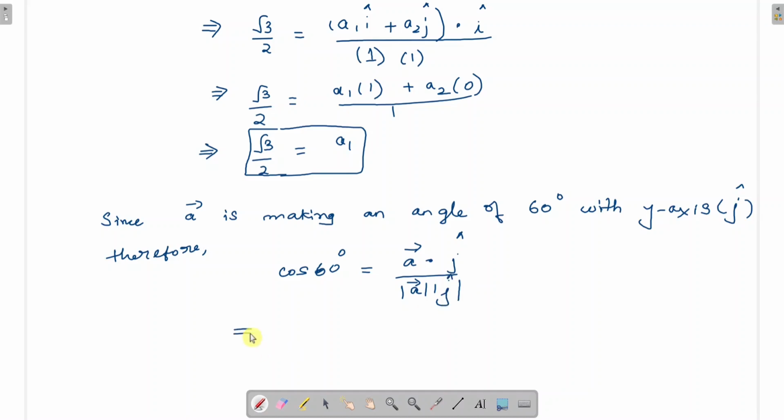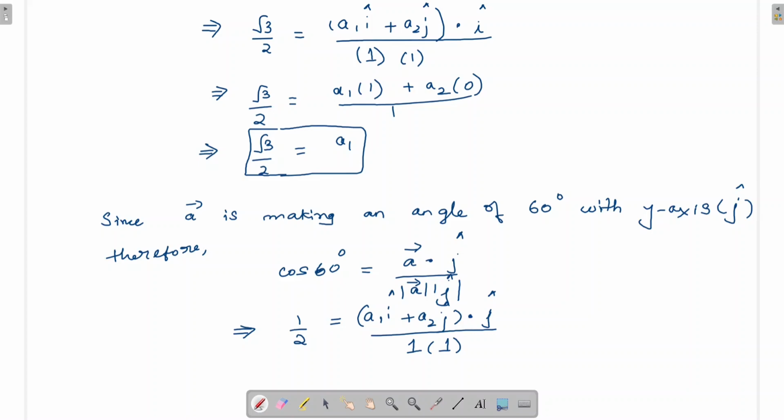Cos 60 is half, equal to a1 i cap plus a2 j cap dot product j cap, divided by the magnitude of a bar, which is 1, times the magnitude of j cap, which is also 1.